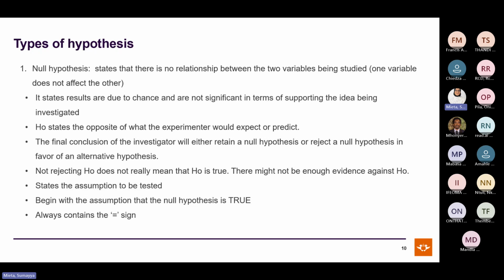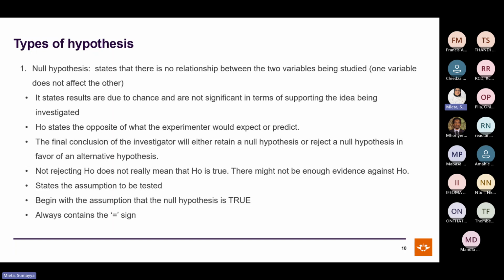So the null hypothesis will say, if students study for 4 hours a week, they have a 50% better chance of passing the assessment.